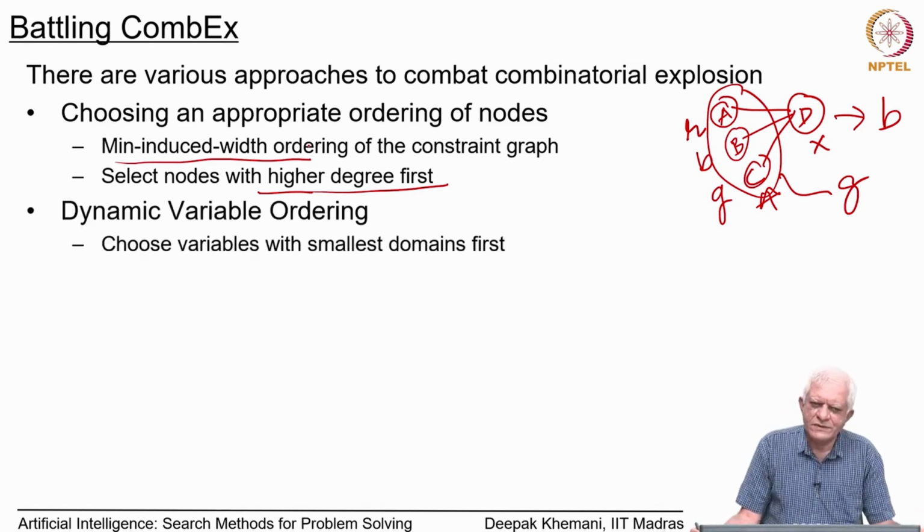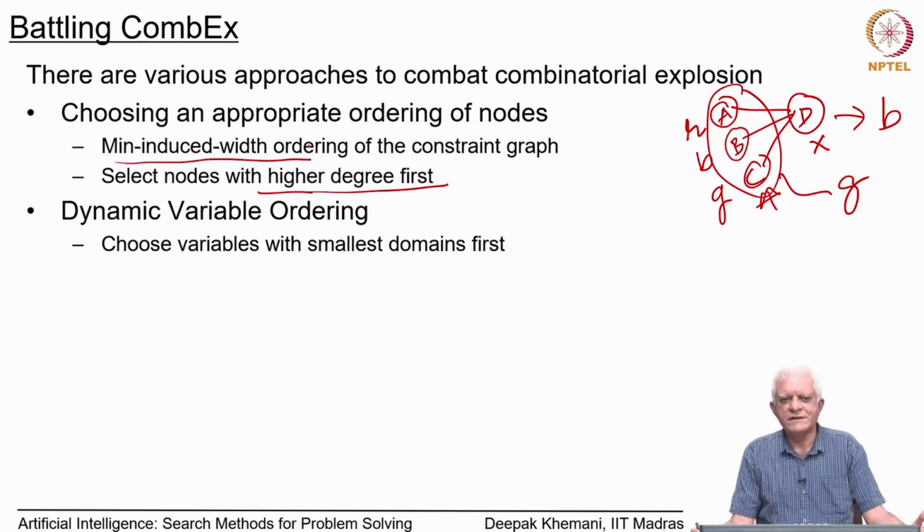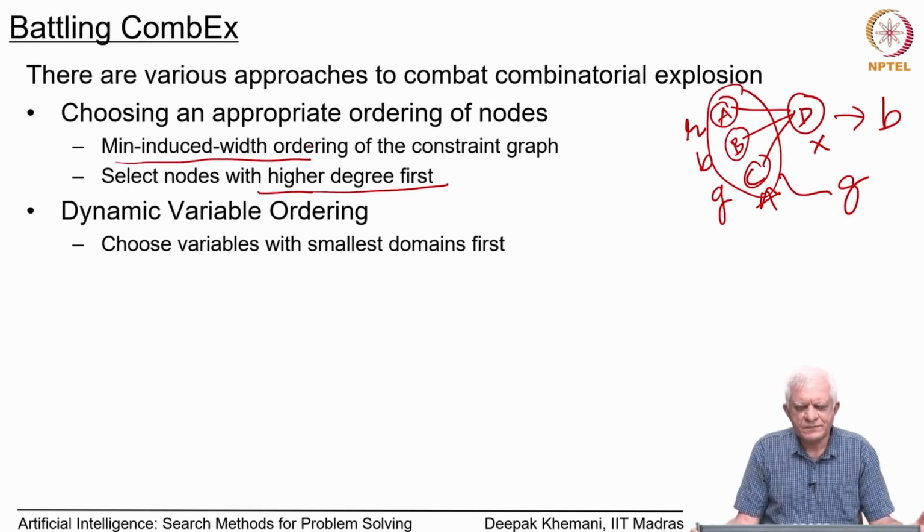We can also choose the ordering of variables by looking at the domains of the different variables. Now, an extreme example again is that if there is some variable xi whose domain has only one value, then you do not have any other options. So, you might as well freeze that value first and put xi as the first node that you will see.